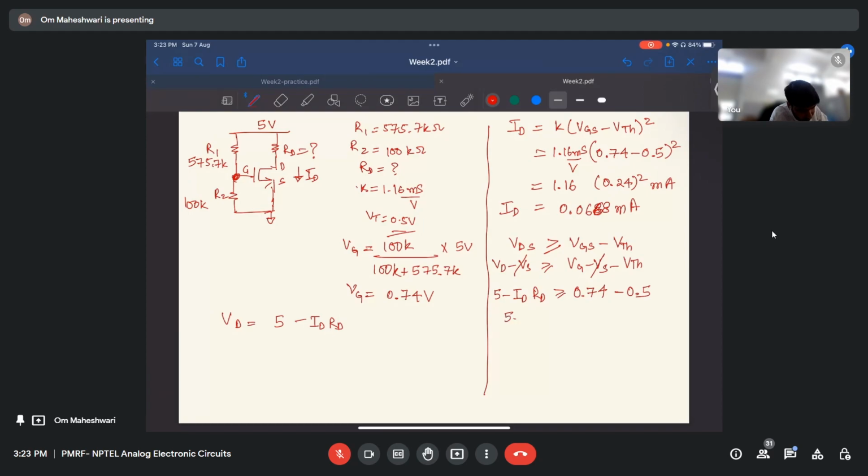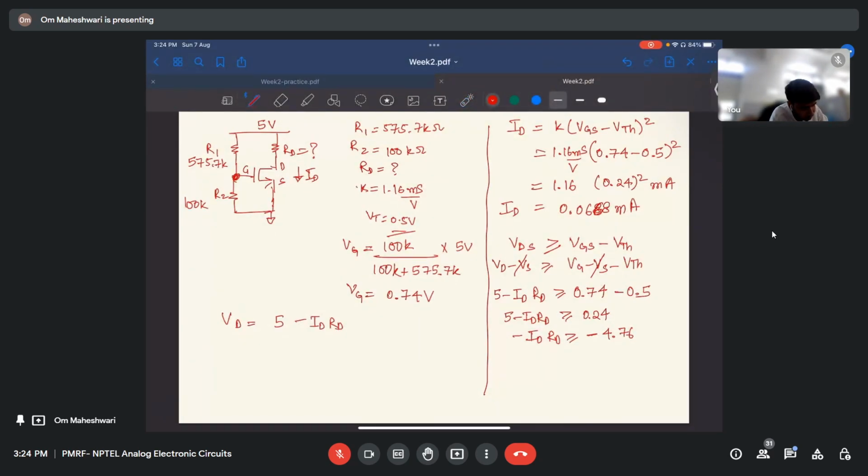So 5 minus ID RD is greater than or equal to 0.24. Minus ID RD is greater than or equal to minus 4.76. If I put this 5 here, it will become 0.24 minus 5, right? And it will be minus 4.76.